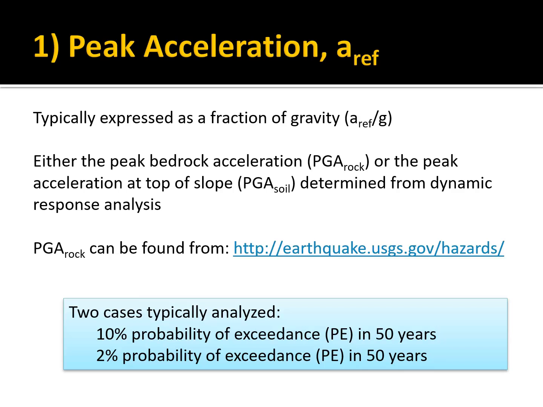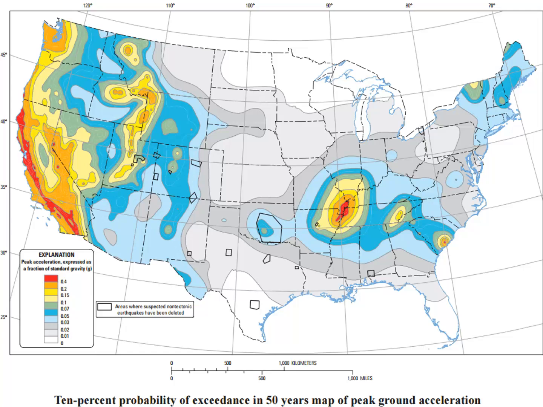So the way this works is you can look this up on a map like this. This is the 10% probability of exceedance in 50 years. It's color coded. You can narrow in on where you are and scale it off of a map if you like.